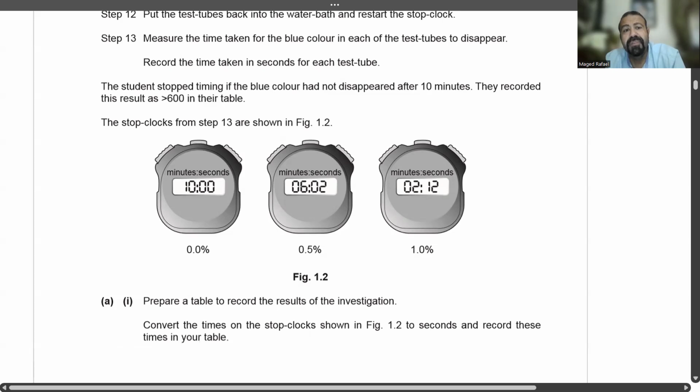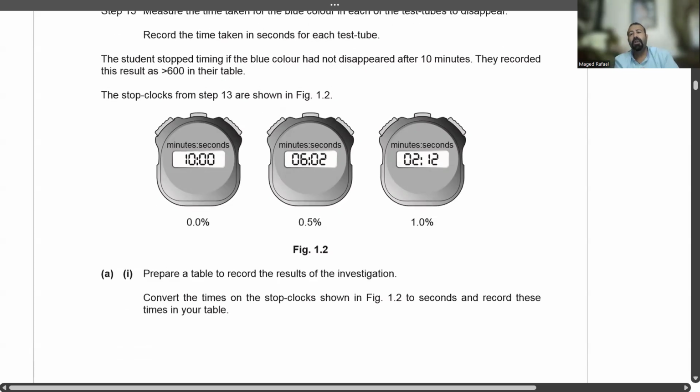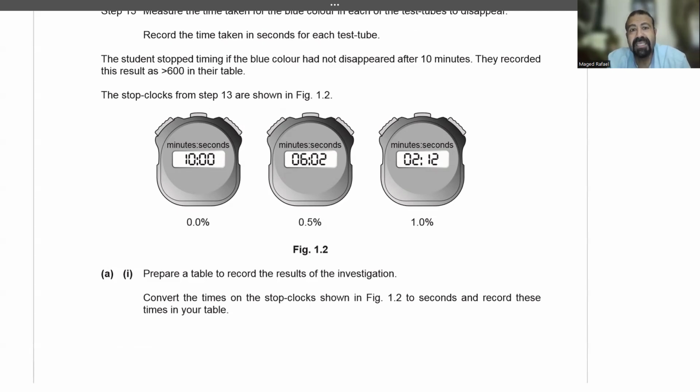He's giving you the time, but honestly the time was in minutes, so we need to convert it to seconds. And he told you that for 10 or more than 10, you can record the results as more than 600.